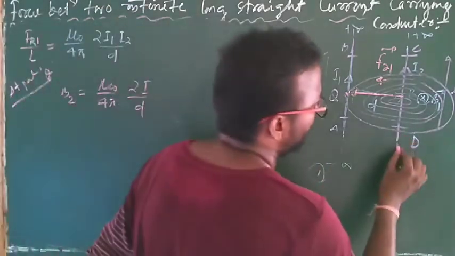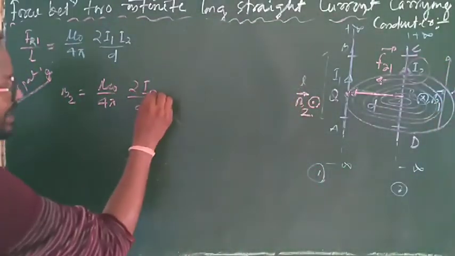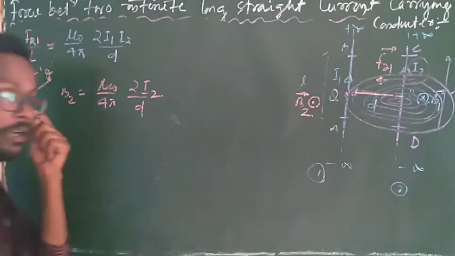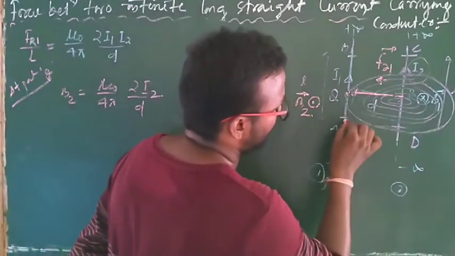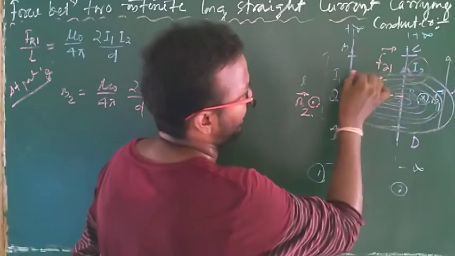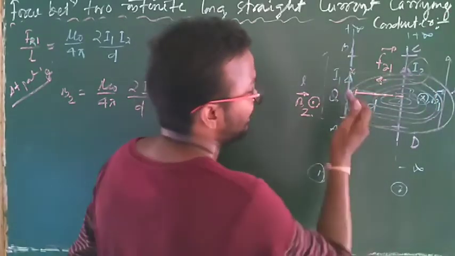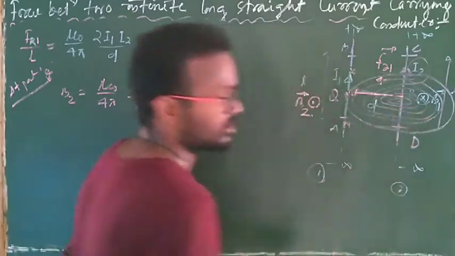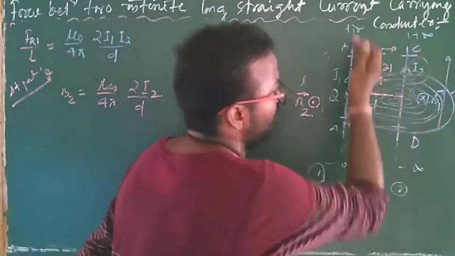I means the current flowing through the conductor, but here I2 is the current flowing through the conductor, so we can write I2. Now look at this diagram. At a distance D, here also is magnetic field B2, and at another length, at this distance D, here also is magnetic field B2, because these two conductors are parallel to each other.